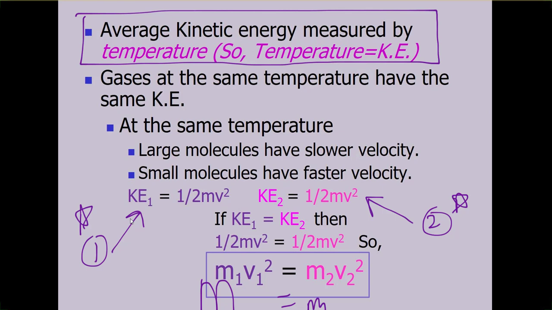It's through looking at the velocities. So a large mass will have a very small velocity. A small mass will have a very large velocity. That's how we can get these two equations to equal each other. So again, an inverse relationship. So at the same temperature, your smaller molecules are going to be moving faster. Your larger molecules are going to be moving slower.